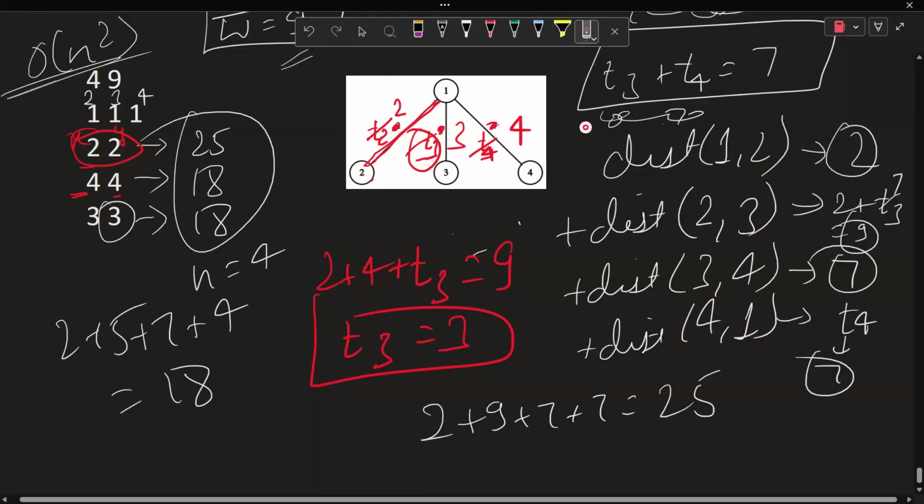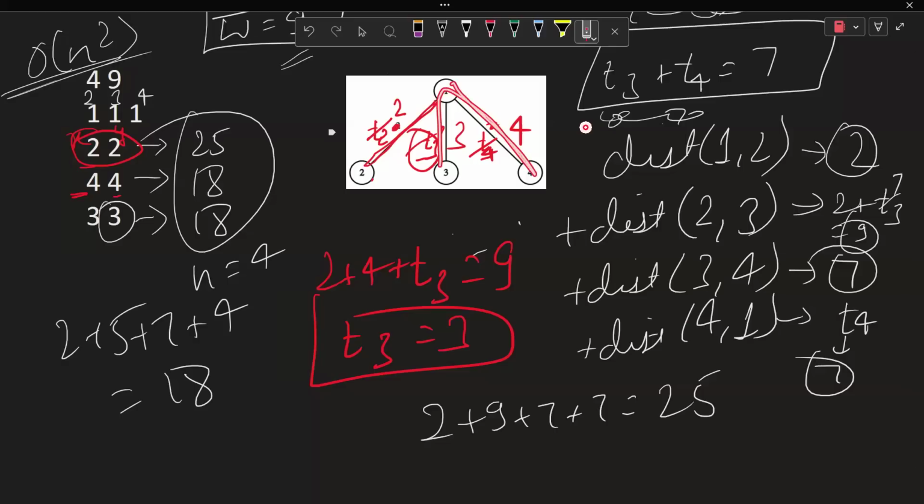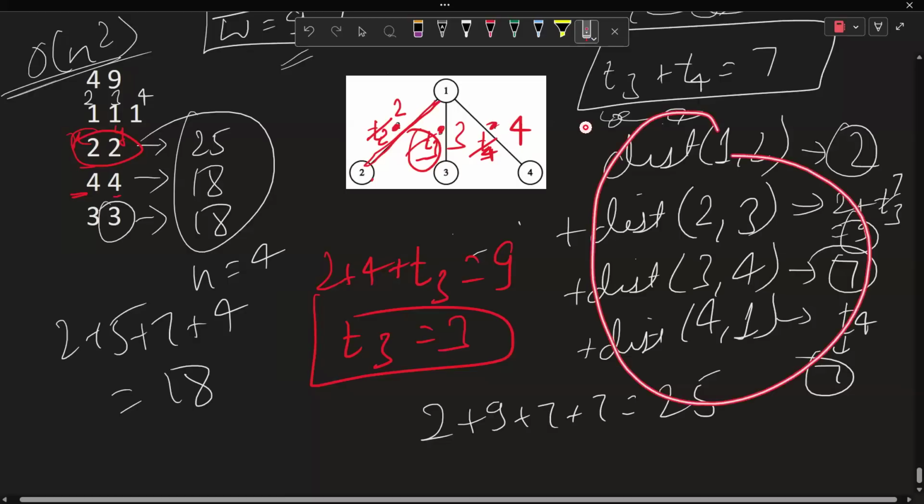If you are going in the DFS order, you are traveling in this way only. So you are traveling from 1 to 2, then to 3, then to 4, then back to 1. If you are traversing this whole tree through a DFS order, you are traversing in this way only.